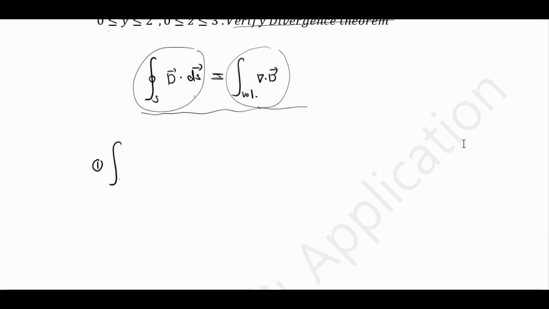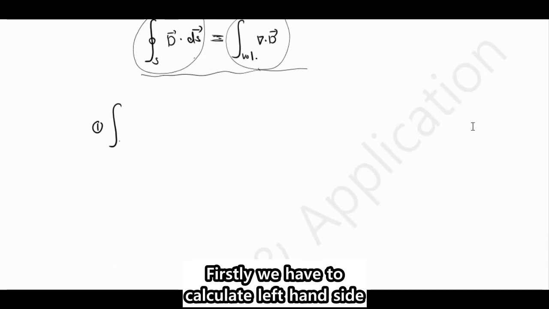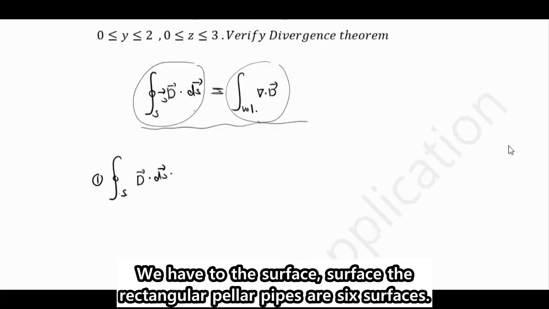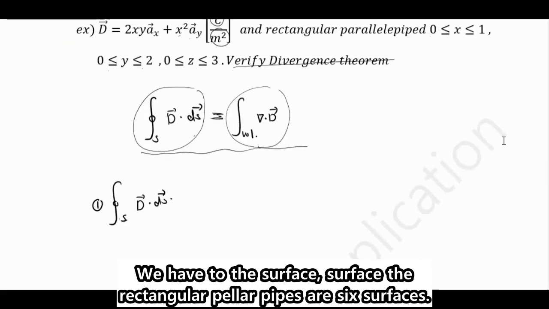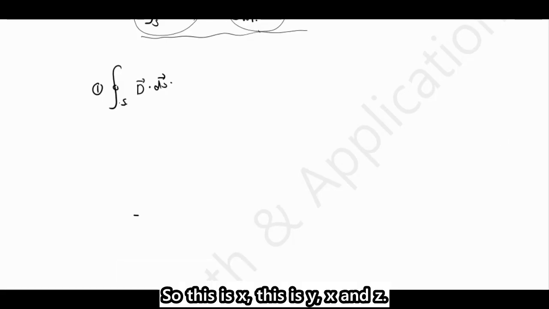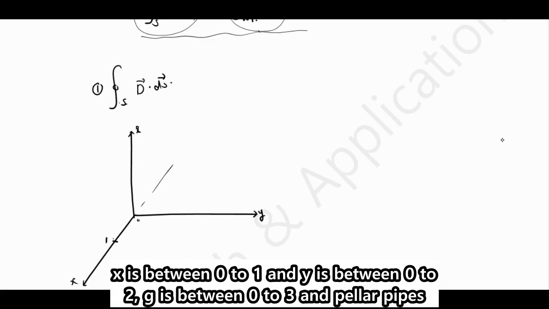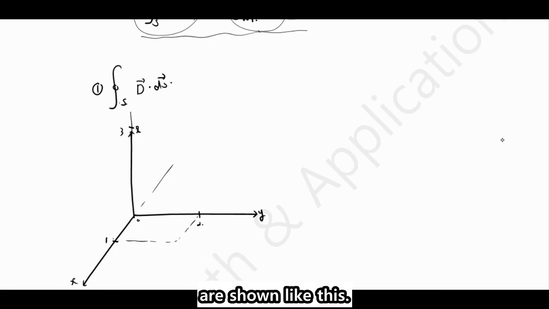Firstly, we have to calculate the left hand side, the closed surface integral of D vector dot dS vector. The surface is a rectangular parallelepiped with 6 surfaces. So this is x, this is y, and this is z. X is between 0 to 1, y is between 0 to 2, and z is between 0 to 3.